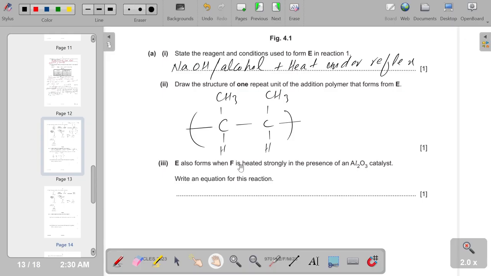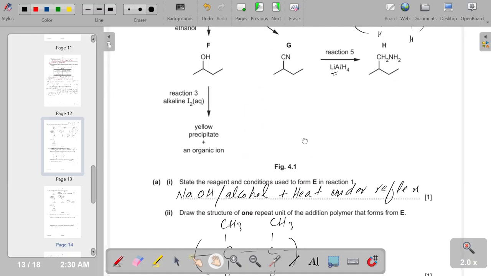E is also formed from F when heated strongly in the presence of aluminium oxide. It is a dehydrating agent. It removes water. Okay, so E is also formed when F is heated. Where's the F?